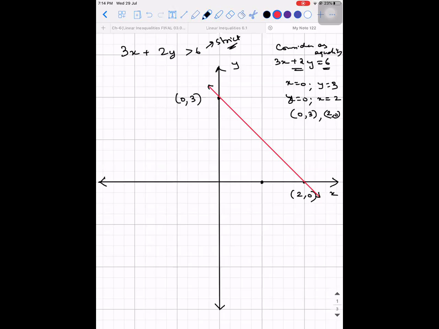Now the question is, when you draw this line, I've made a small mistake. Observe the correction I'm going to do. Before I draw a line, what I need to verify is the inequality. If it is a strict inequality, whether it is greater than or less than, then you should always represent it using a dotted line.